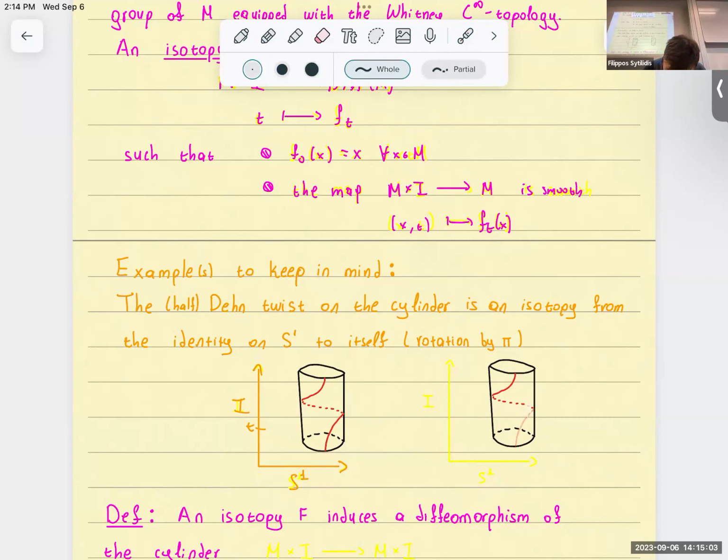I should also write down, that's a mistake from the notes before, an example which is an isotopy from the identity to the rotation by pi, represented by a picture like this.